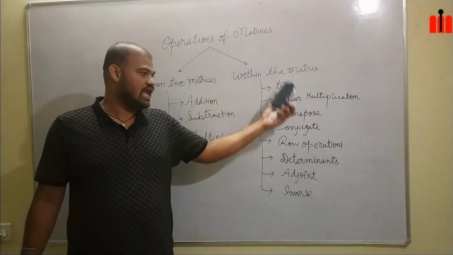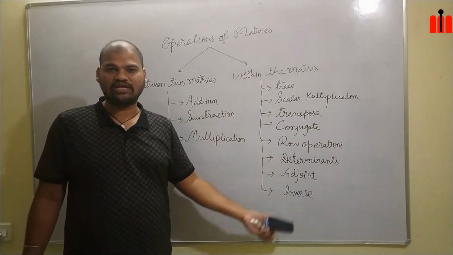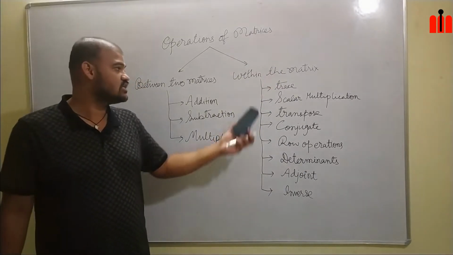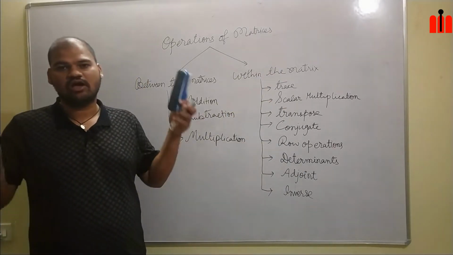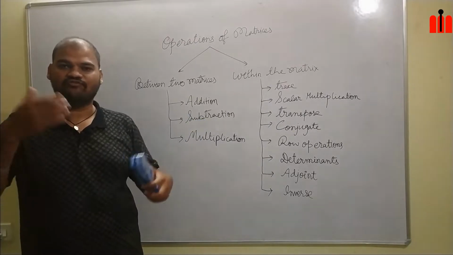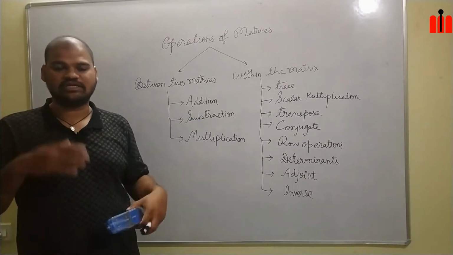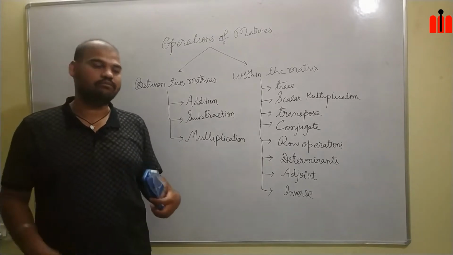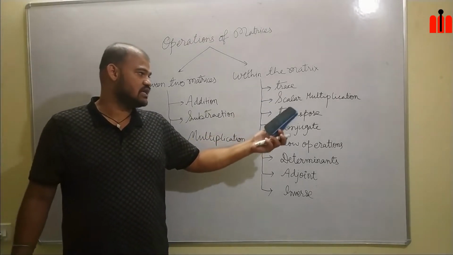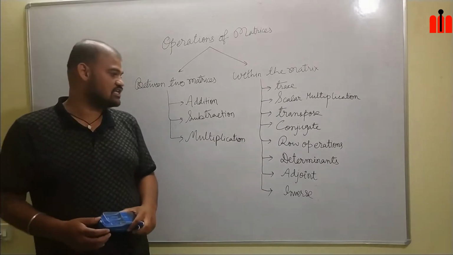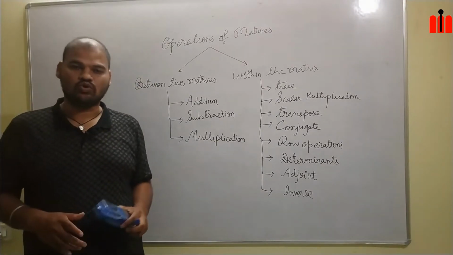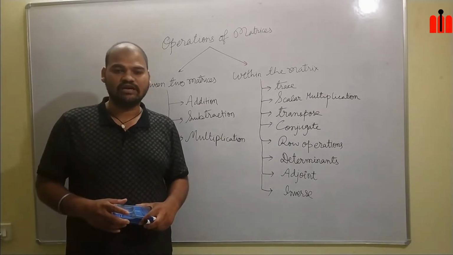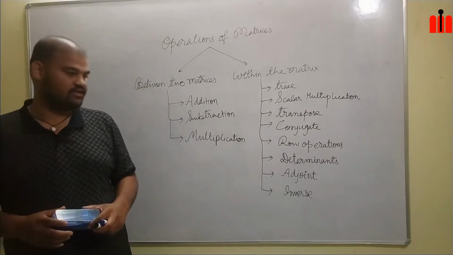Now, we had moved to the branch of operations within the matrix. One matrix is taken. Within that, what are all the operations that can be performed? Those are trace, scalar multiplication, transpose, conjugate, row operations, determinant, adjoint and inverse.